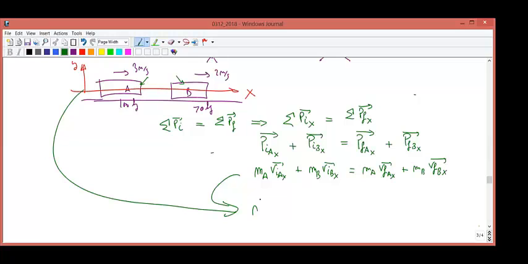This will make solving a 2x2 much easier. So MA is 100 times the velocity, which is positive 3. Next, MB is 70. Now let's look at the initial velocity of object B before collision. It's going towards the right, therefore positive 2.